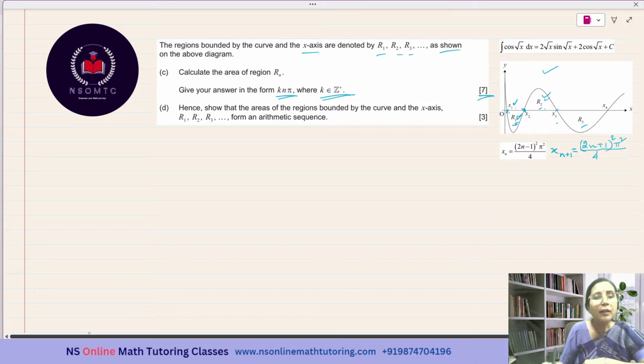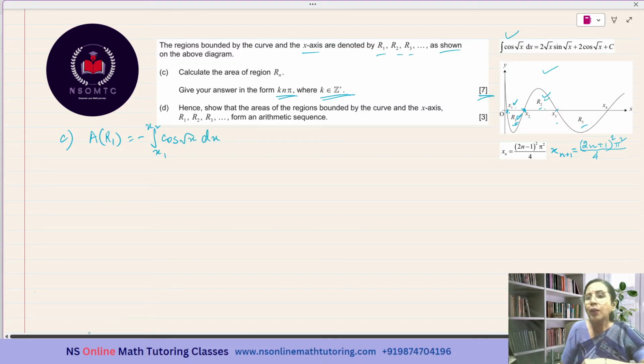So for R1, say for R1, area of region R1, it will be below the x-axis, so it will be negative, from x1 to x2, and the expression was this function expression. So cos root x dx. Okay.